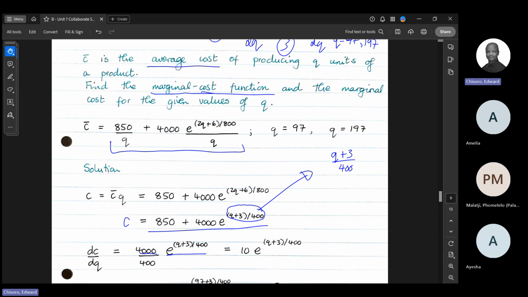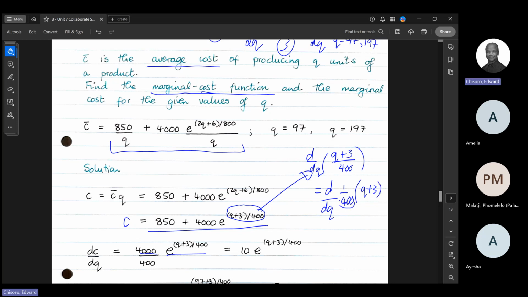If you differentiate this with respect to q, so d/dq, you'll notice that you're just differentiating 1 over 400 times (q plus 3).